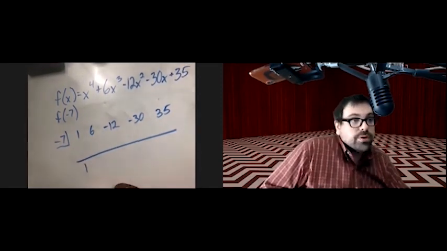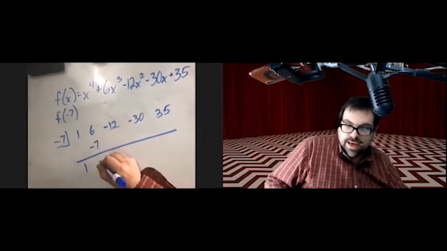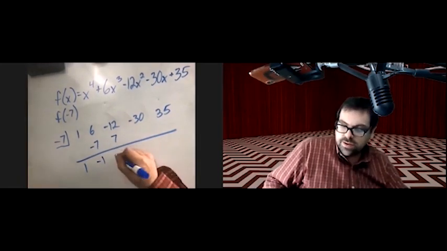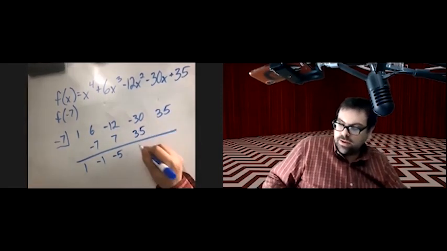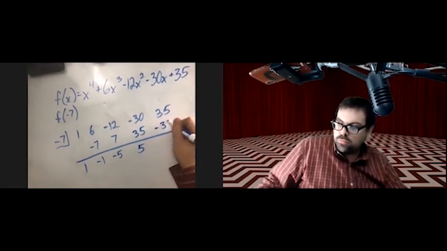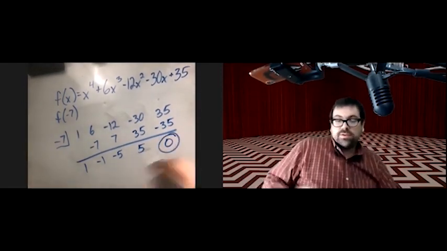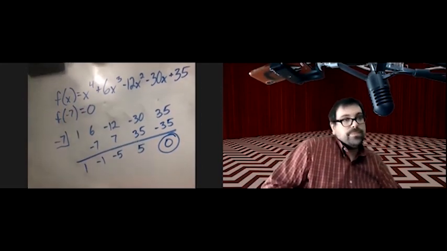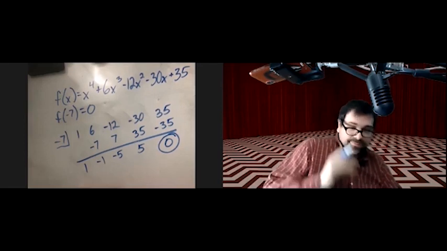Bring down the first number, multiply, and add. Multiply, careful with the signs, and add. Multiply, and add. Multiply, and add. What's the remainder? 0. So what's f of negative 7? 0. It's incredible, right?